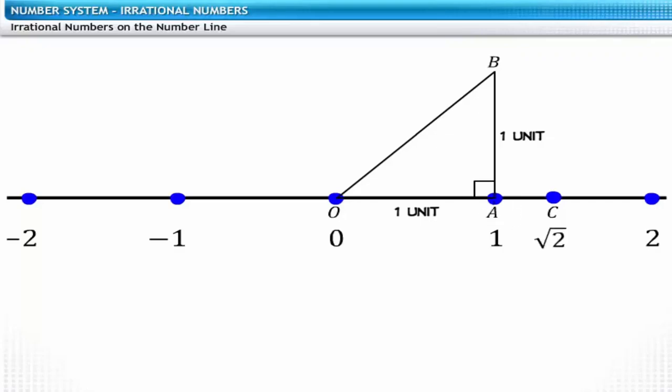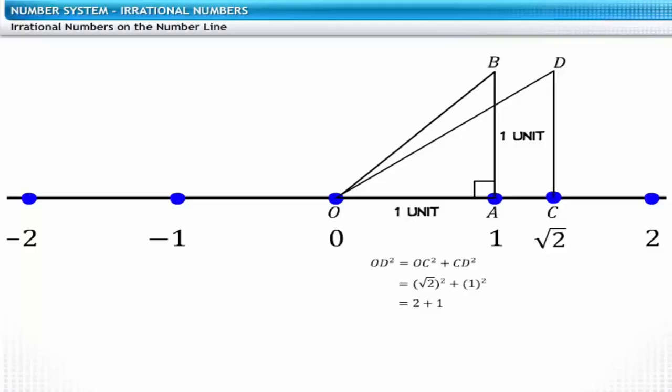Similarly, we can represent the square root of 3 on the number line. Let's see how. In the same figure, through C, draw CD perpendicular of 1 unit length. Join OD to get right-angled triangle OCD. Applying the Pythagoras theorem for right-angled triangle OCD and substituting the values of OC and CD, we get OD squared as 3.